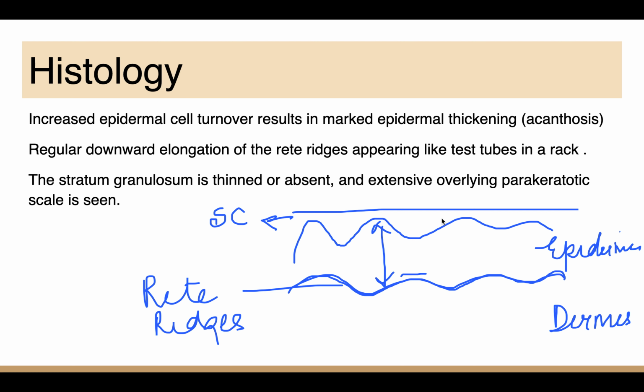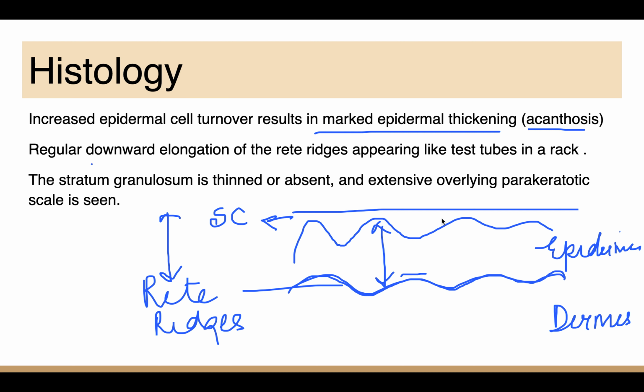Now what happens in psoriasis? First, you have marked epidermal thickening, known as acanthosis. That means the whole epidermis will be thickened. Second, the rete ridges grow downward.